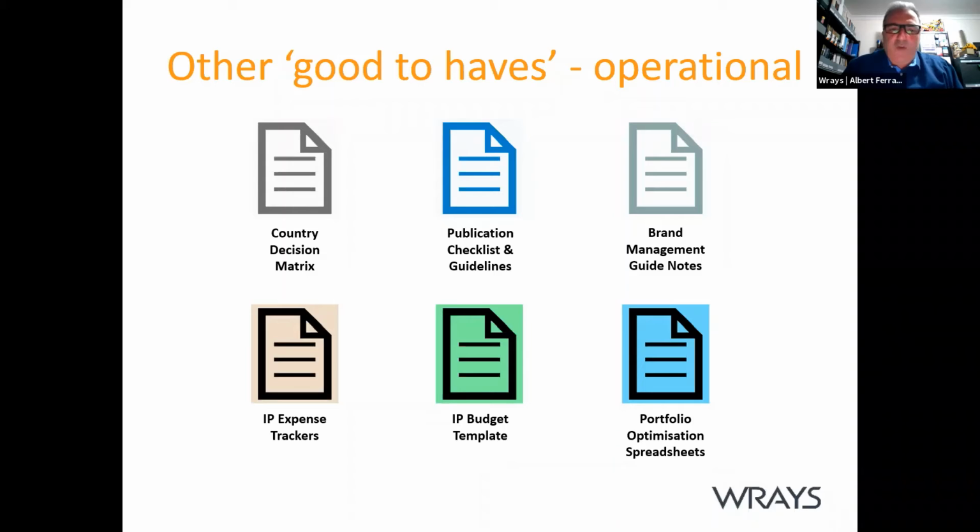Particularly if you've got a lot of formal filings or are doing a lot of formal filings in the trademark, the patent, the design space, a country decision matrix is something that can be very helpful. Something that summarizes what are those first tier countries we're interested in protecting, what are the second tier countries we might extend to for certain technologies or certain situations, what are the average costs, where have we historically filed.